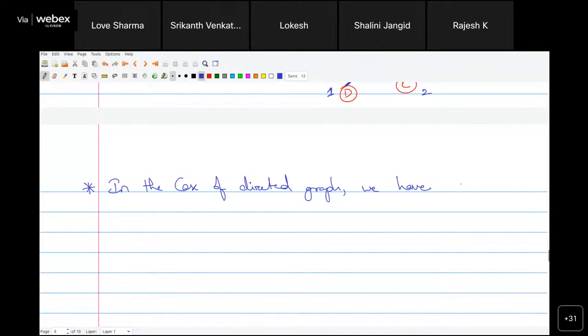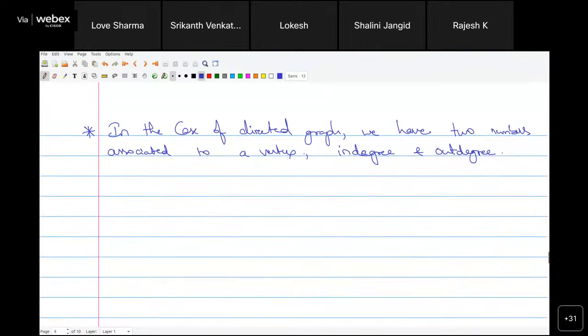In the case of directed graphs, we have two things now, not degree. In an undirected graph, we have only one number associated with a vertex. But in directed graphs, we have two numbers associated with a vertex. One is called in degree and another is called out degree. So in a directed graph, each vertex will have in degree separately and out degree separately.